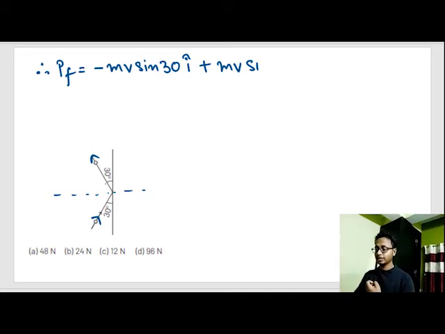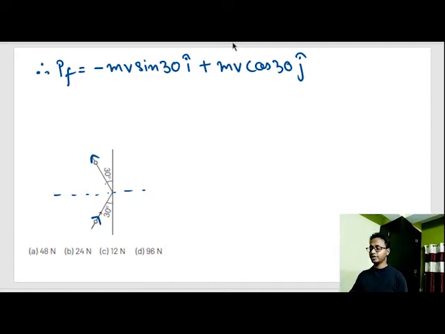The final momentum is minus mv sin 30 i, plus mv cos 30 j.